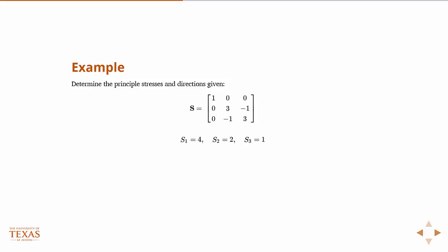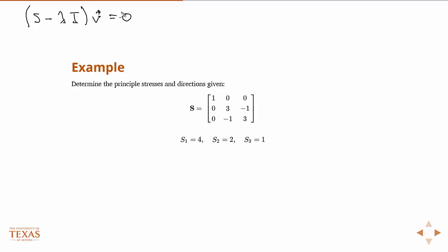Okay. So now we need to solve for, so those are the eigenvalues. Now we need to solve for the eigenvectors. And if you remember, an eigenvector is a vector v that satisfies this equation, where lambda is one of the eigenvalues.